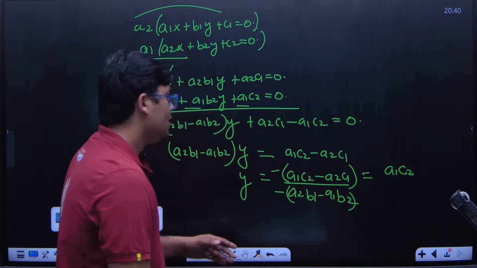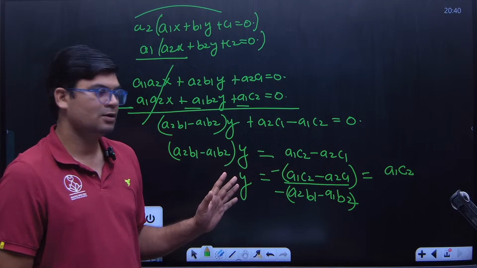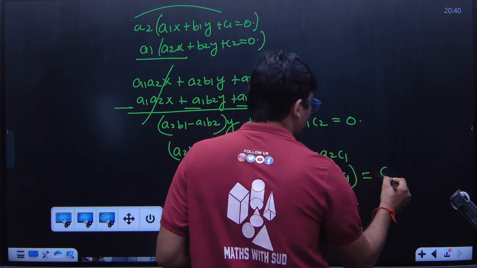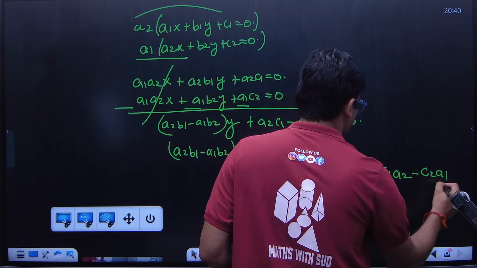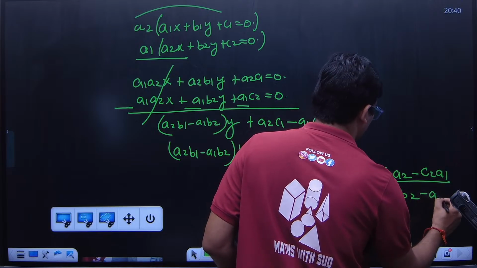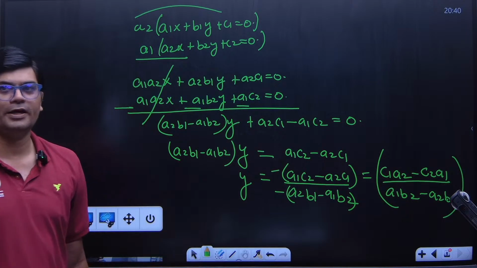When I multiply by minus 1, the numerator becomes c1 a2 minus c2 a1, divided by a1 b2 minus a2 b1. This is the value of y.